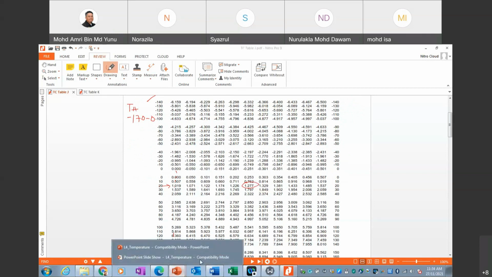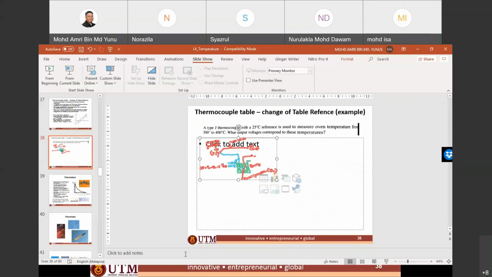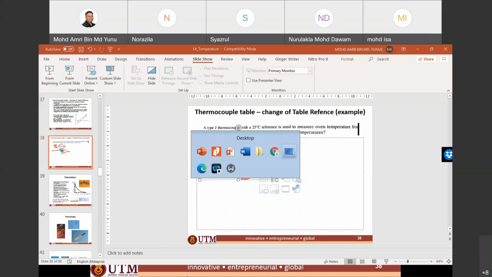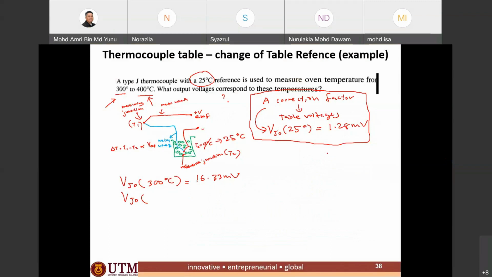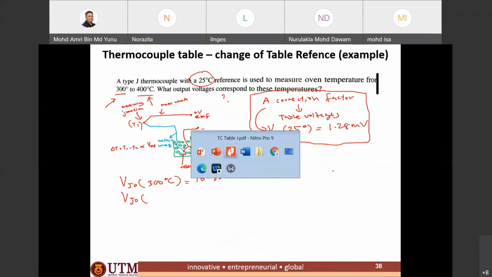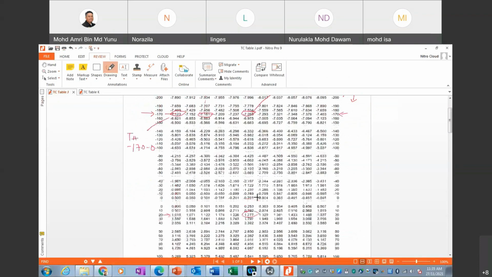Okay, thank you, Doctor. So the first step is to find the offset value or the correction factor value based on the standard table. If, let's say, the reference is 26 degrees, we need to choose 26 on the table.